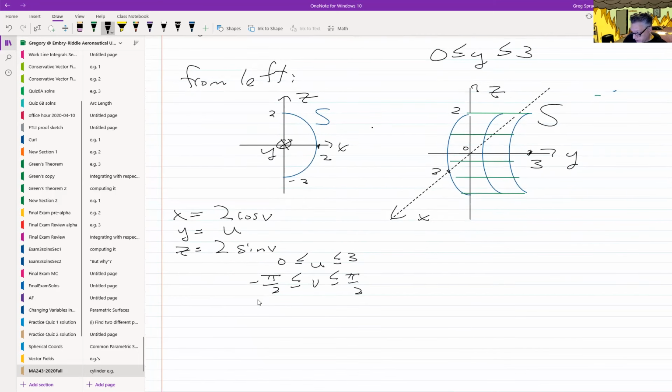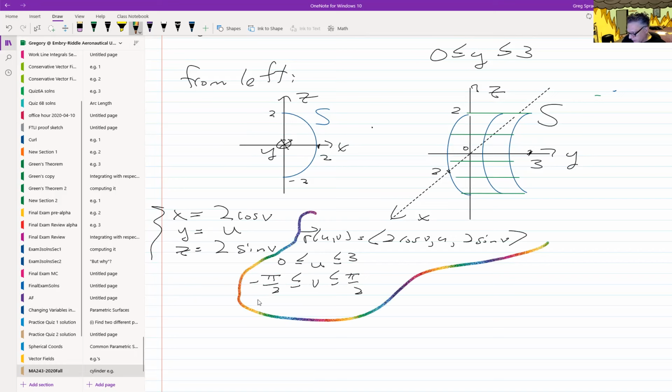So those are parametric equations. I'll make a vector out of them. Get r of u, v equals 2 cosine v, u, 2 sine v. And I've got the domain. The domain is an important part of the function. You can't skip the domain.